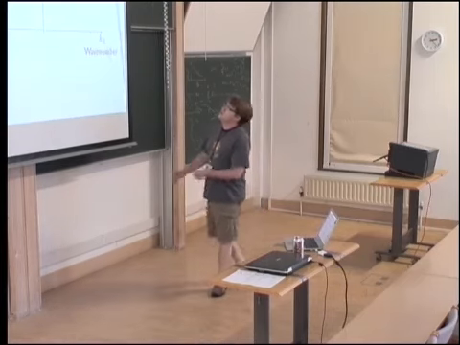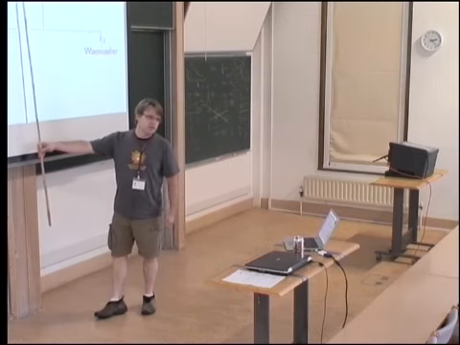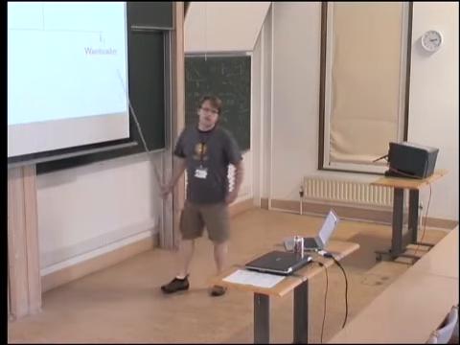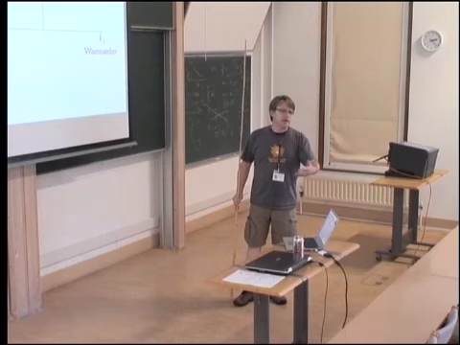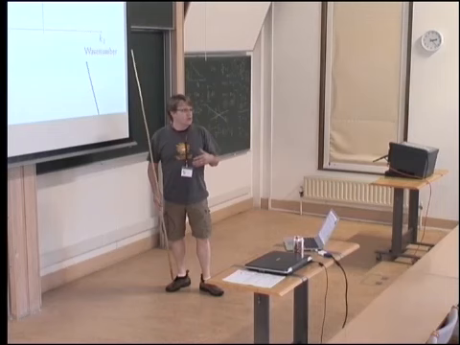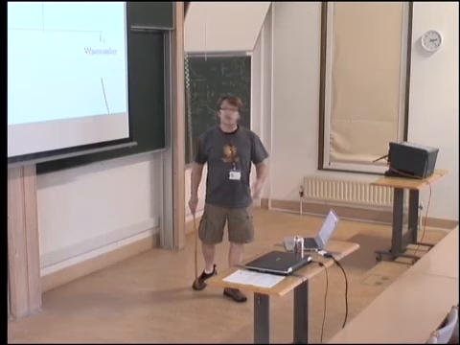And so to the left of this line, we may have collisional kinds of development of real magnetohydrodynamic perturbations. And to the right, we're going into a collisionless regime. And in the collisionless regime, the wavelengths of those perturbations along the magnetic field are now getting shorter than the mean free path. And so it seems that all sorts of things could go wrong with our description, and we have to be very careful.